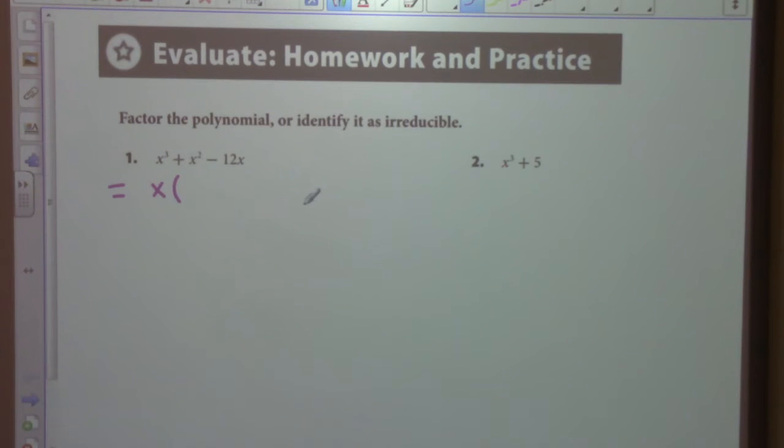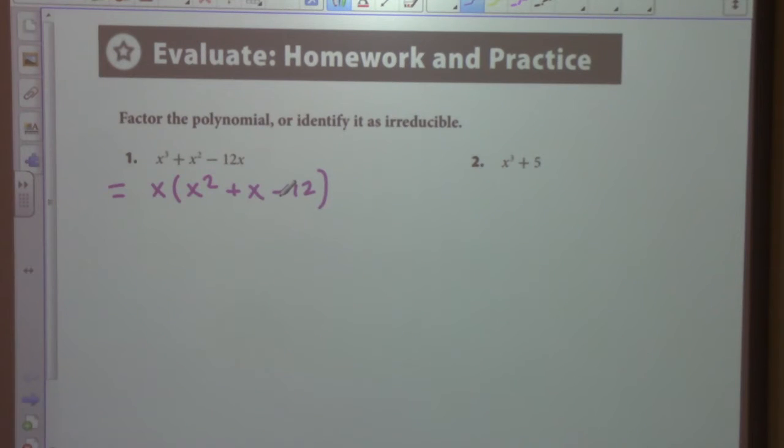Which is, in the case number 1, x. And x times what? X squared plus x minus 12. Now this x squared plus x minus 12, what do we call this thing here? Is that a trinomial?